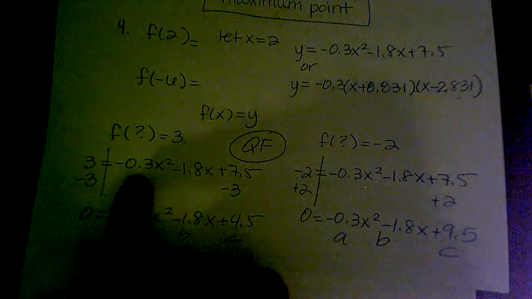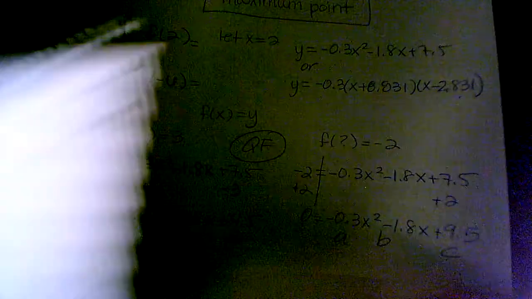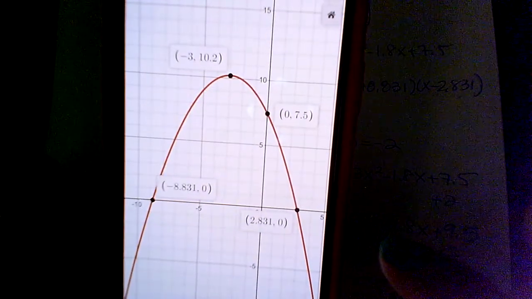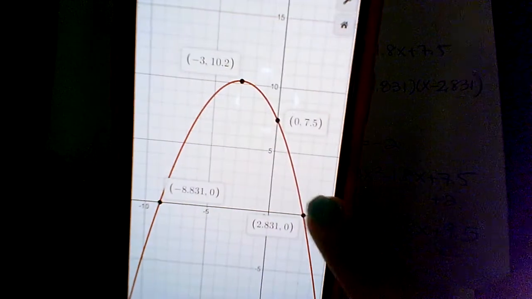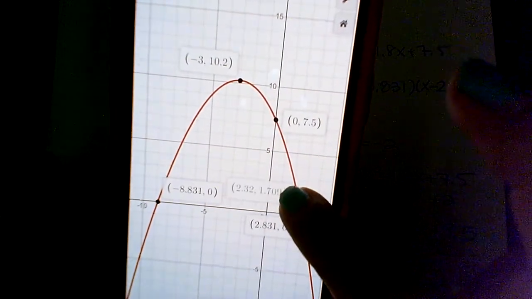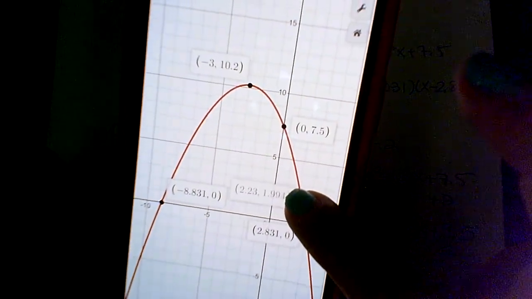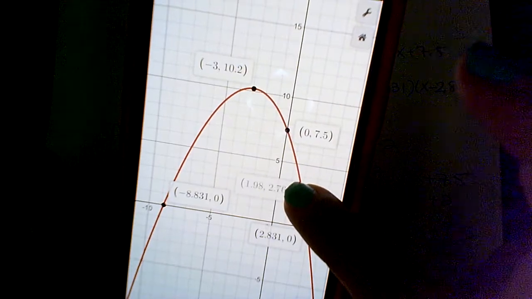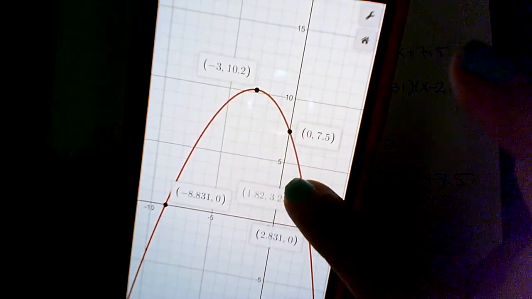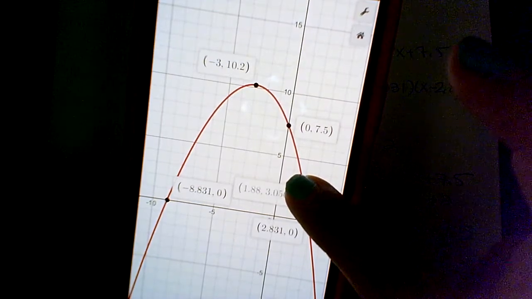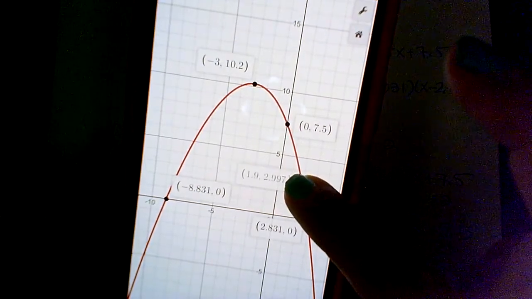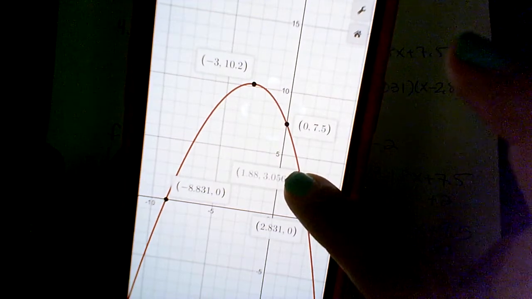All right, look, when is the y value 3? On the Desmos on the laptop, it works a little easier, but if you hold it down and I try and find when y is 3, see how I can kind of move along? All right, find 3. Hold on. All right, this is the closest.